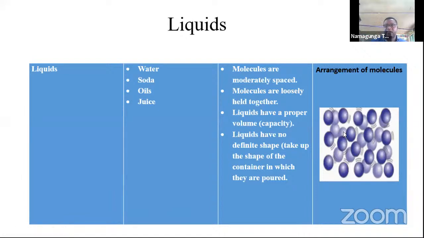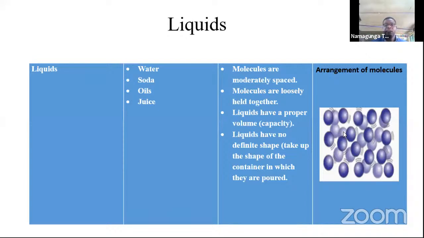I request Ninsima Martha, please read for us number 3 on the characteristics. Liquids have a proper volume, in brackets capacity. Yes, we are saying we can get the capacity of a liquid. We can measure using different measurements, whether liters or milliliters, but we can get that measurement.